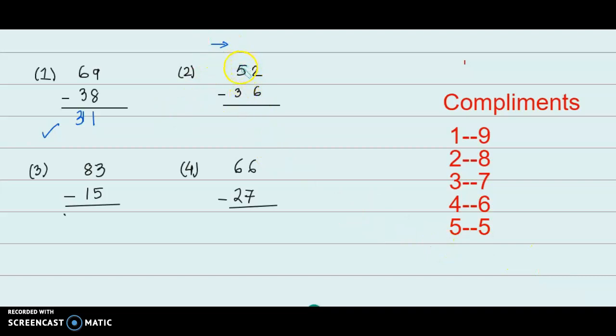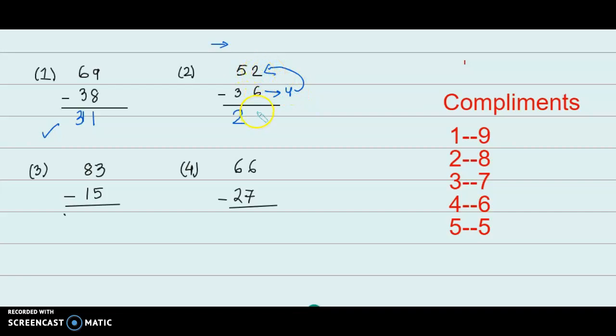So first you subtract 5 minus 3, you get 2. The second step is, if the upper digit is smaller and the lower number is greater, find the complement of 6, and add this 4 to this 2.